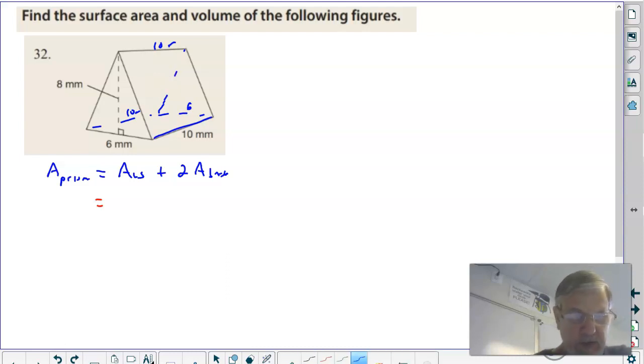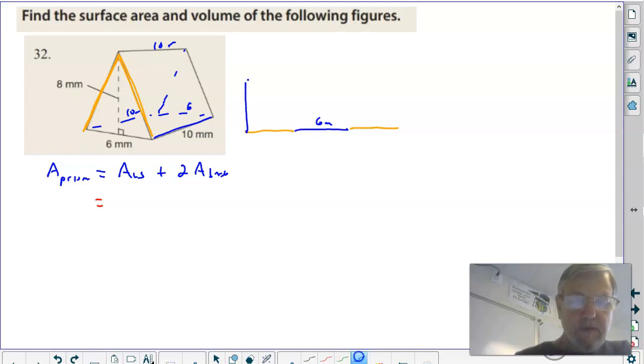So let me be clear here. I need this side, and I need this side. I need those values not for the area of the base, but for the area of the lateral surface. So let me try to show it to you this way, right? We're going to have that side, then we're going to have a 6, and then we're going to have that side on our lateral surface, right?